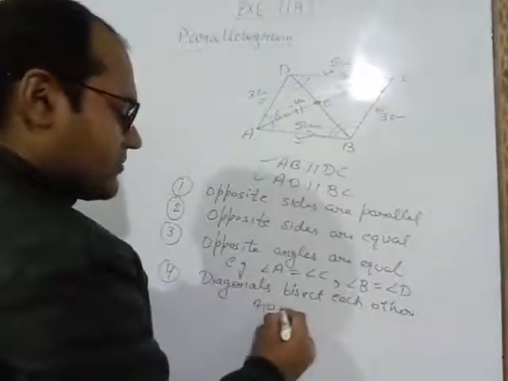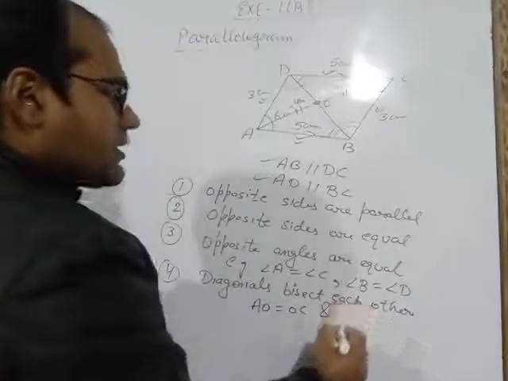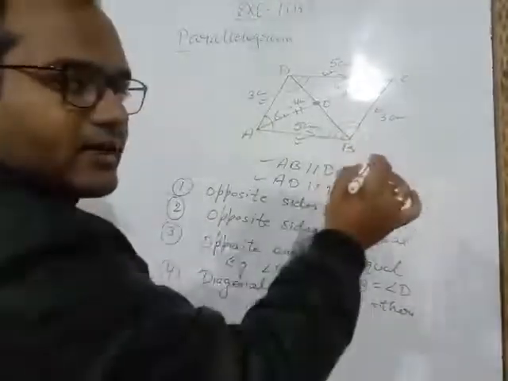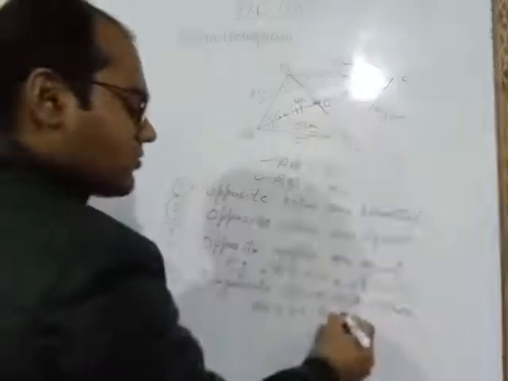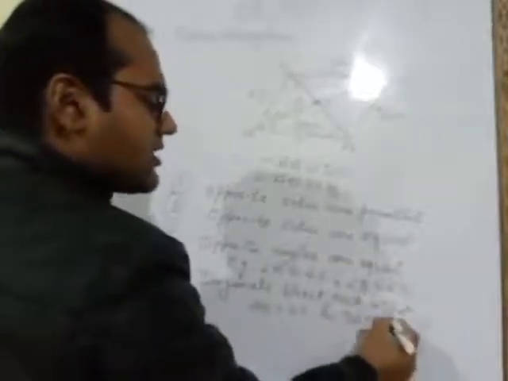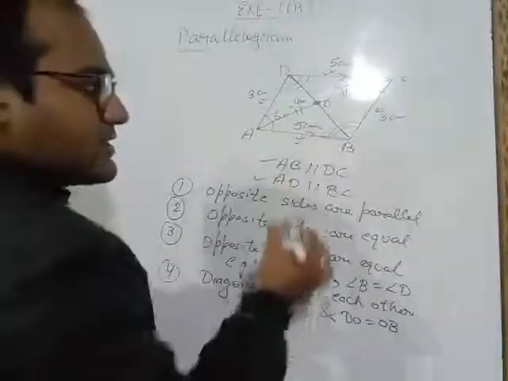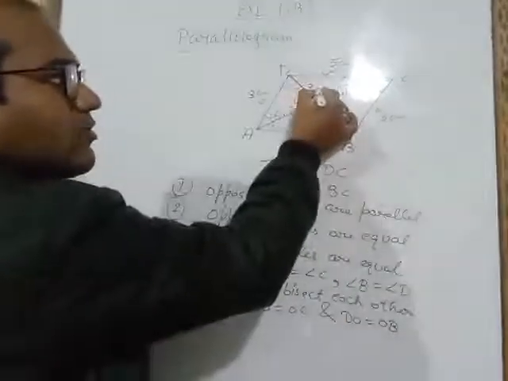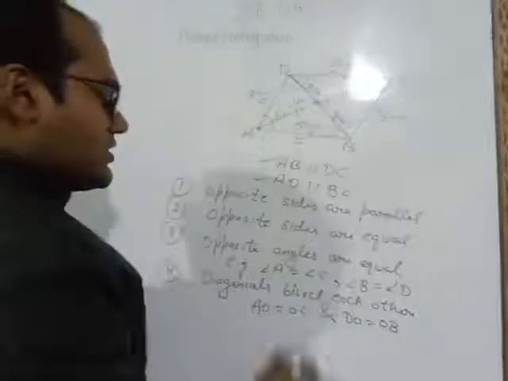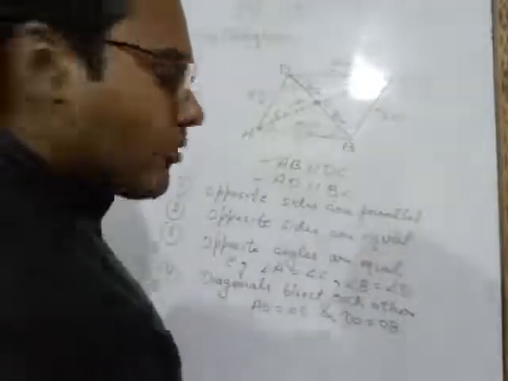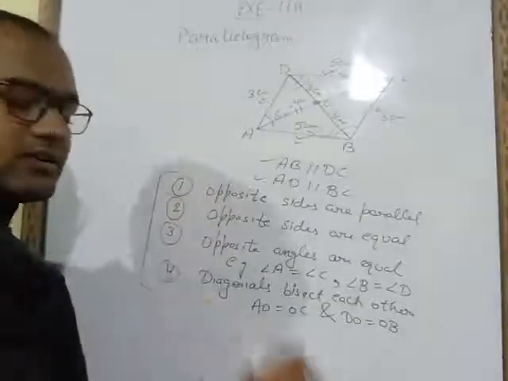This diagonal will also get bisected, so DO and OB will also be equal. If this full length is 6 cm, then DO will be 3 cm and OB will be 3 cm. So these are the four properties of a parallelogram which you have to remember for solving the questions.